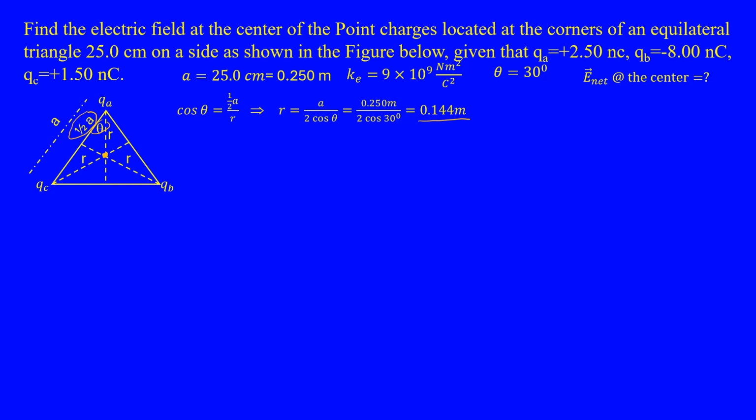Can we tell what the electric field due to each charge at that center is? To do that, let's do each one separately. So now we know the electric field due to this charge A is going to be the electrostatic constant multiplied by the charge divided by the distance squared. Let's plug in the numbers.